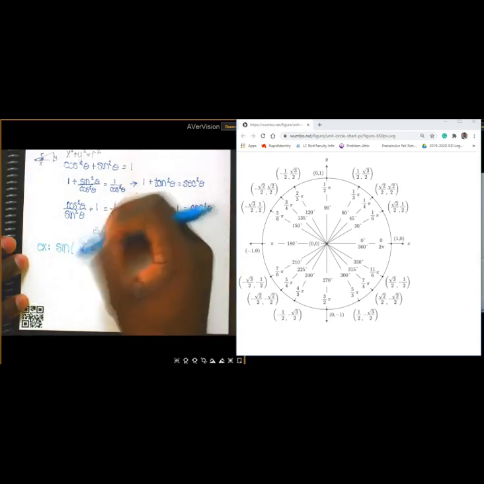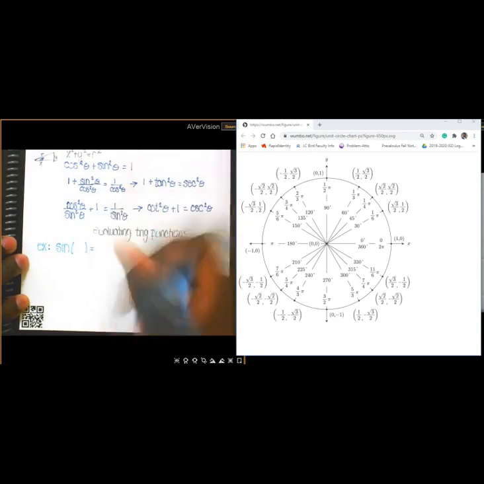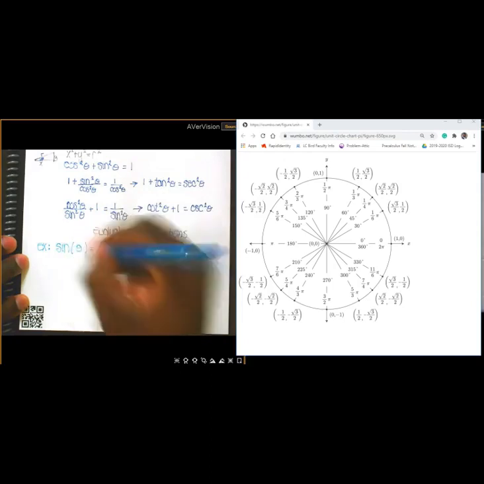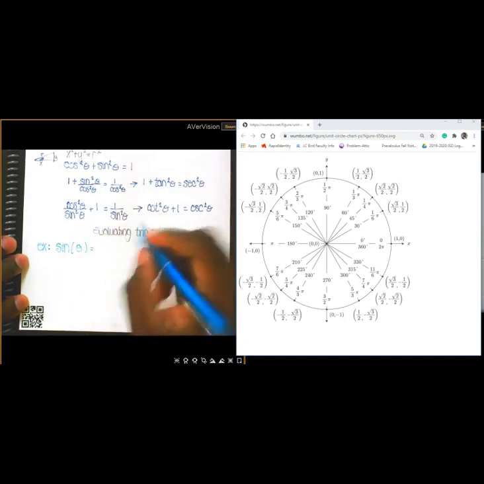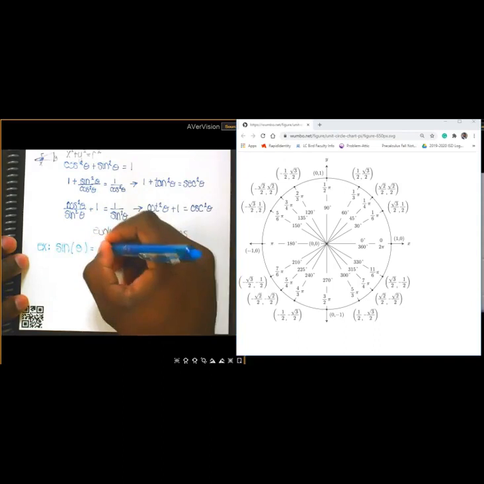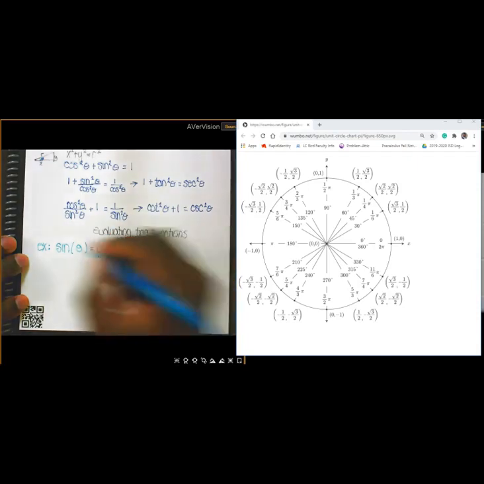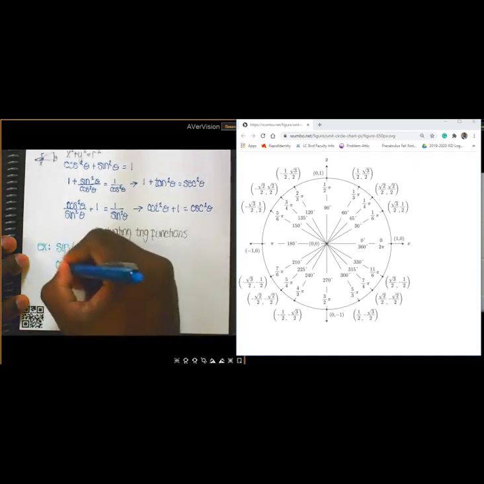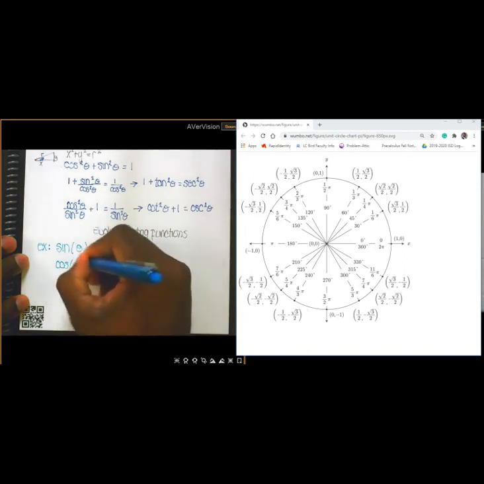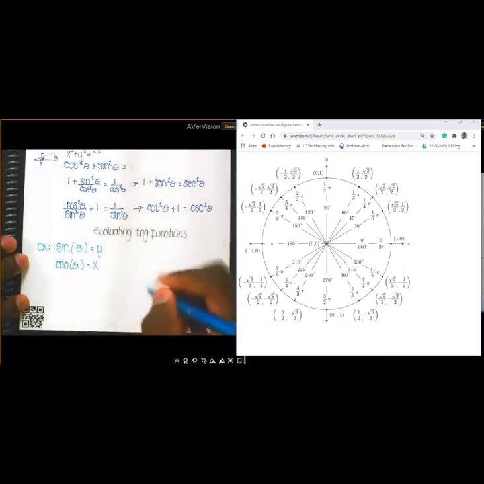Okay, I'm going to assume no. So if we're asked to find sine of theta, where theta is any angle, on a unit circle, our answer is going to be given by the y coordinate. And if we're asked to find cosine of any angle, it's always going to be given by the x coordinate.